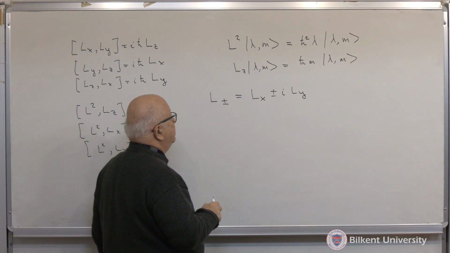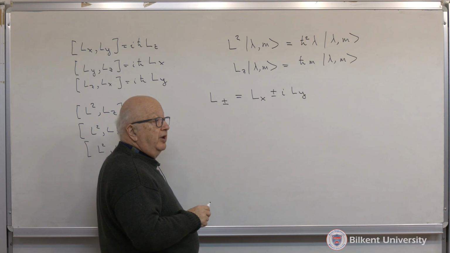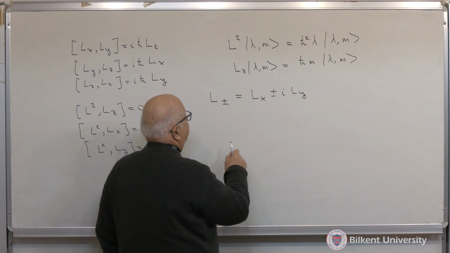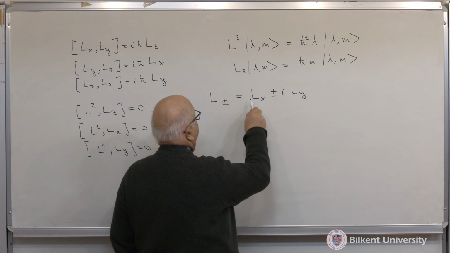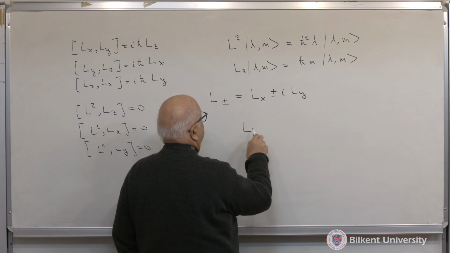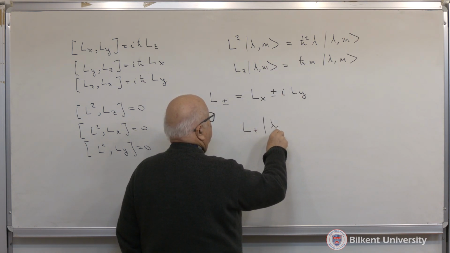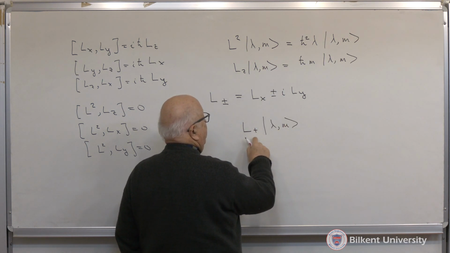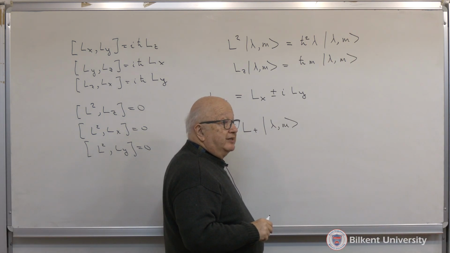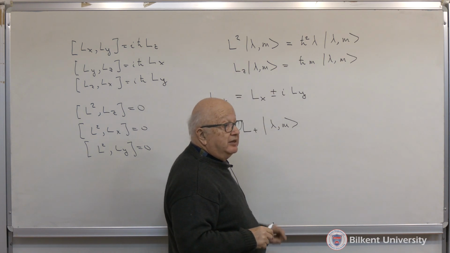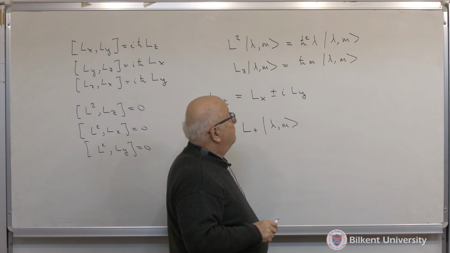So that's my definition of L plus or minus. And what we demonstrated was that if I operate on this eigenstate, lambda m, with an L plus, I get something which is still an eigenstate of L squared with exactly the same eigenvalue.